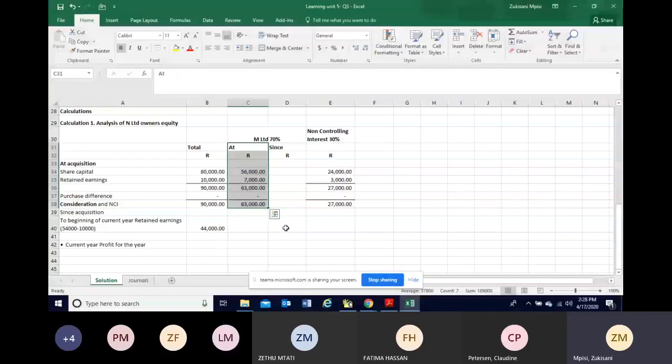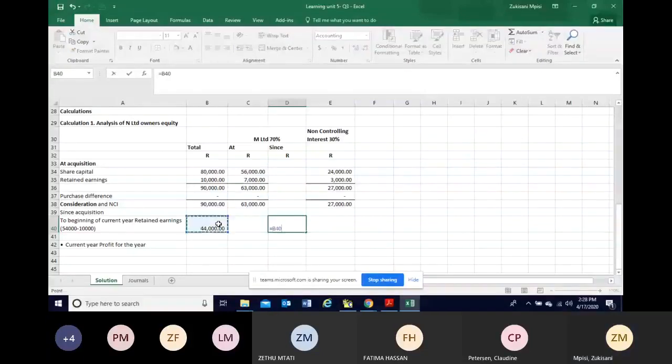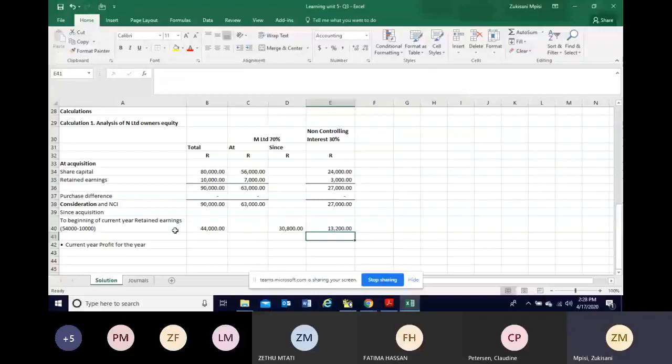So this retained earnings is actually a profit that was made between the acquisition date and the start of this year. This profit is then shared to the parent according to the percentage of ownership, which is 70%, and it's also shared with the non-controlling interest, and that gives you 30,800 and 13,200.